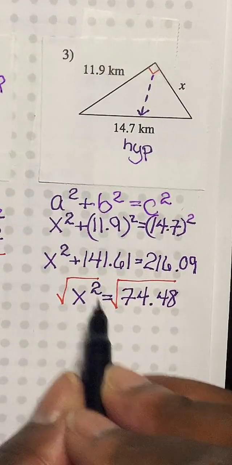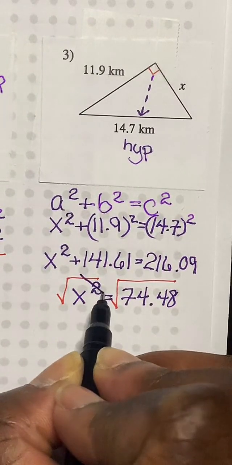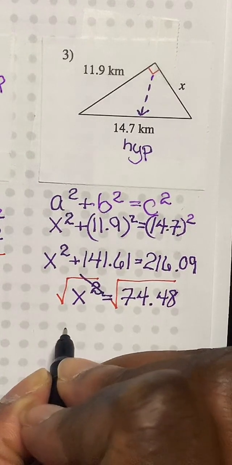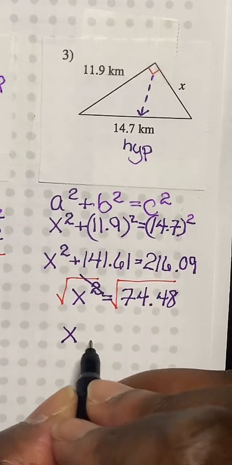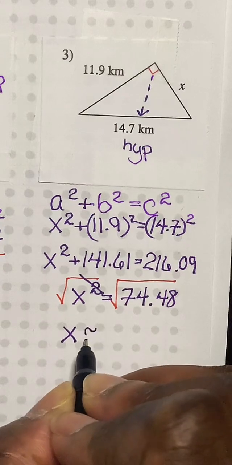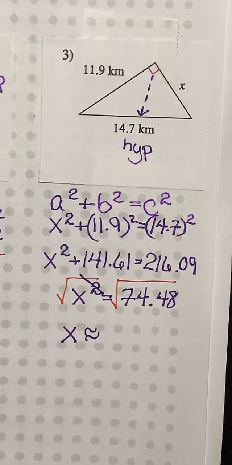But if you take the square root of both sides, the square and the square root cancel out over here, which leaves me with x. We're probably going to have to do approximation because I think it's going to be a long decimal. So let's take it to 4 decimal places.